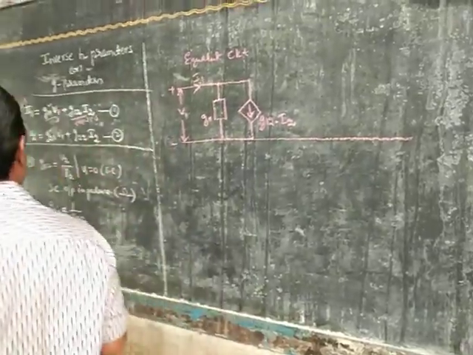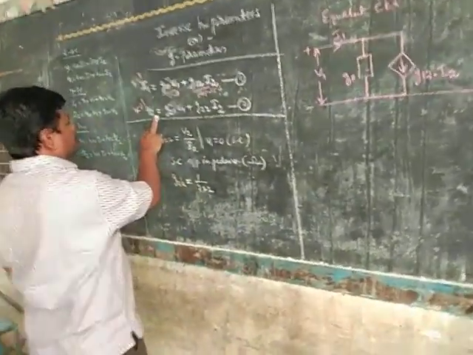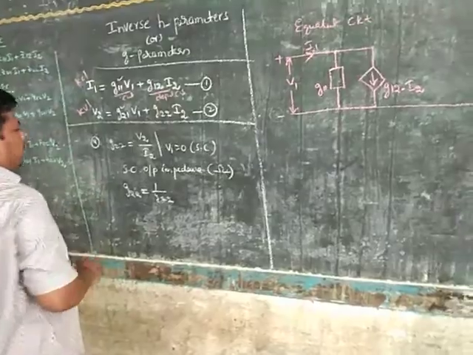Then the second port is a voltage equation, KVL.